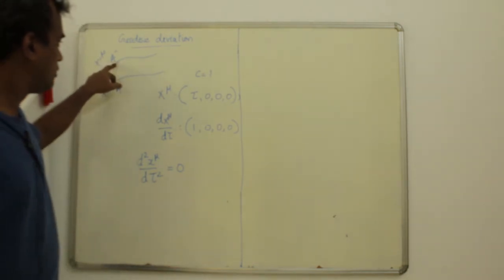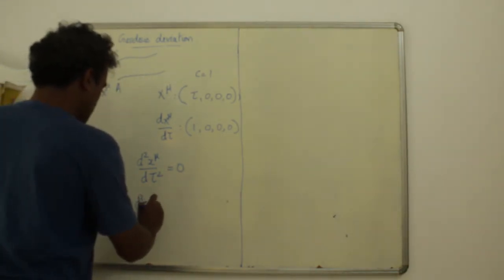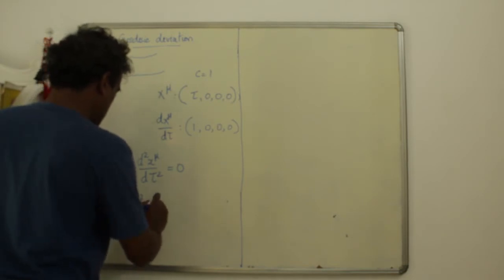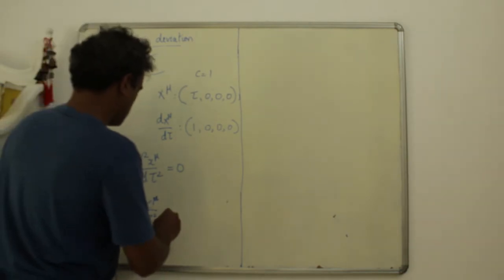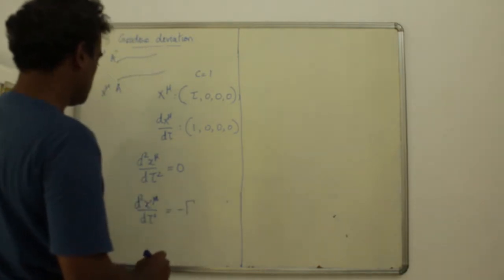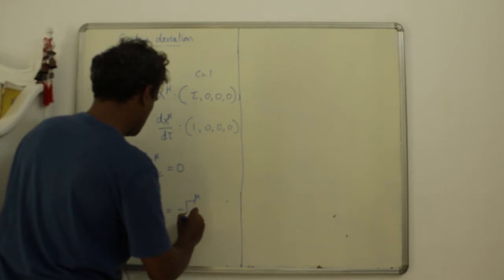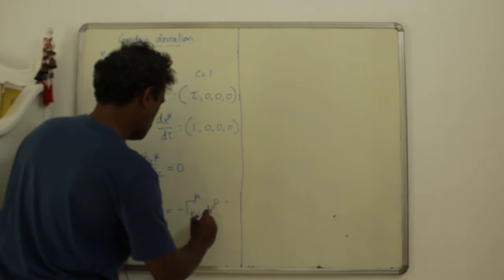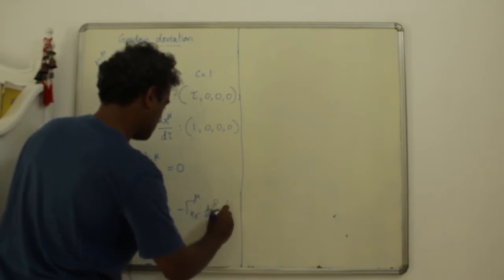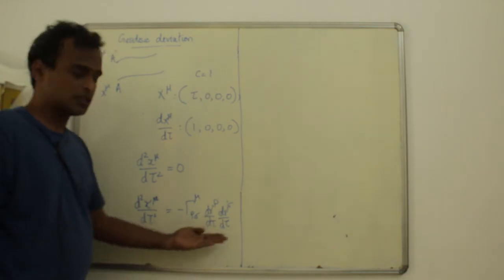Now, if we do the same for the particle at A prime, we get d square x prime mu by d tau square equal to minus gamma mu rho sigma dx prime rho by d tau into dx prime sigma by d tau. This is the geodesic equation we write for the most general situation.